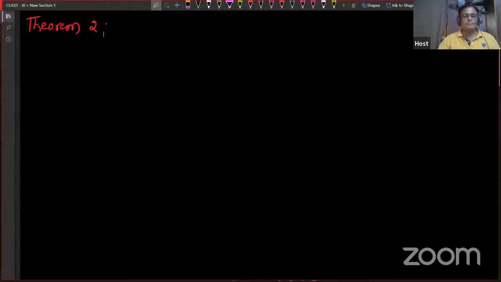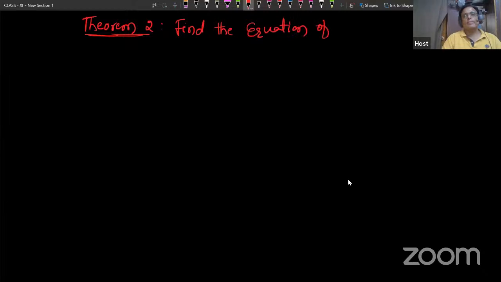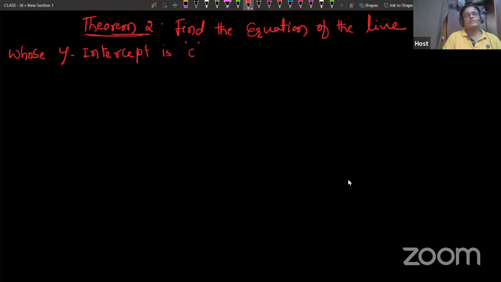Theorem 2. The theorem is like this: find the equation of the line whose y-intercept is c units and having slope m.